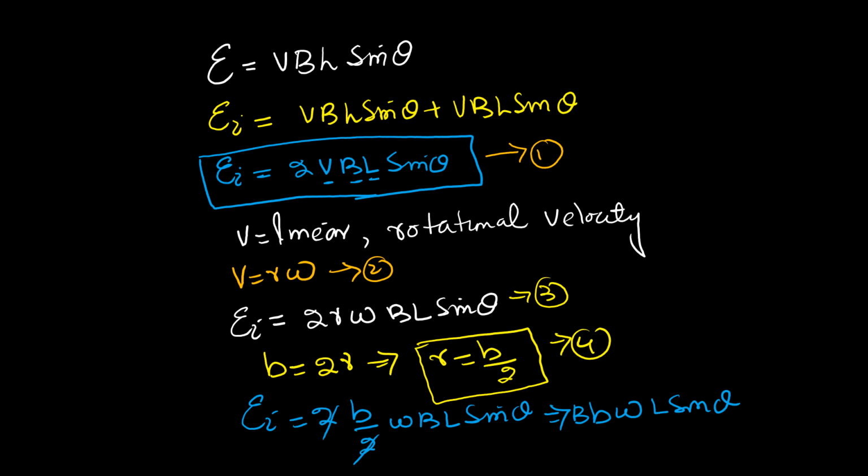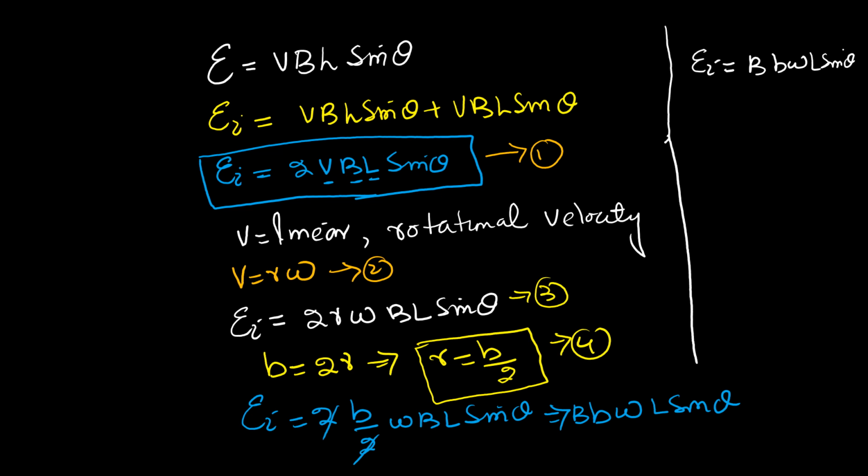So now the formula for induced EMF in an AC generator becomes induced EMF equals B omega L sine of theta.